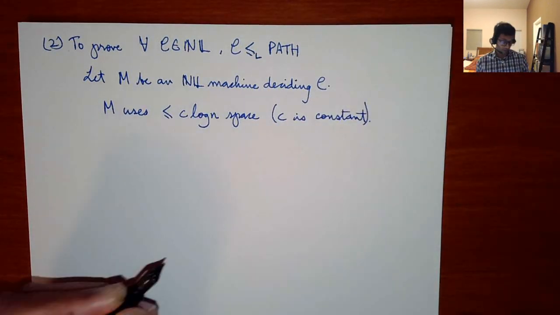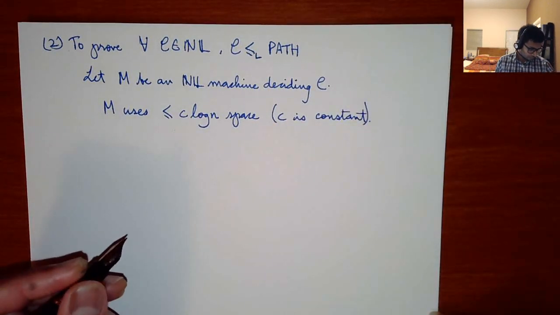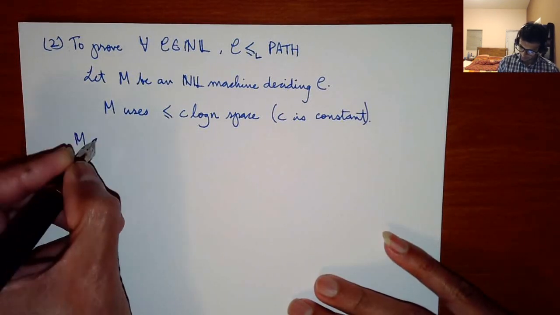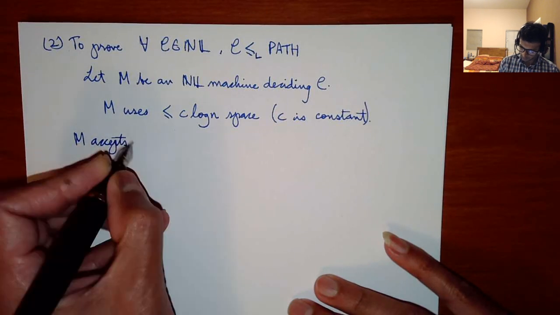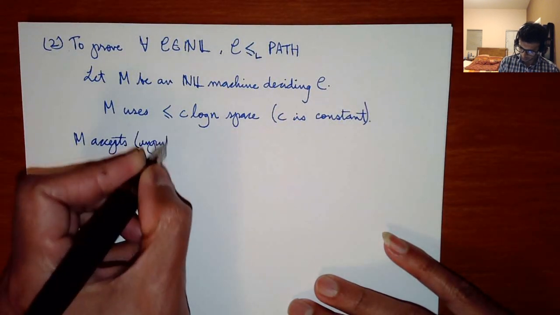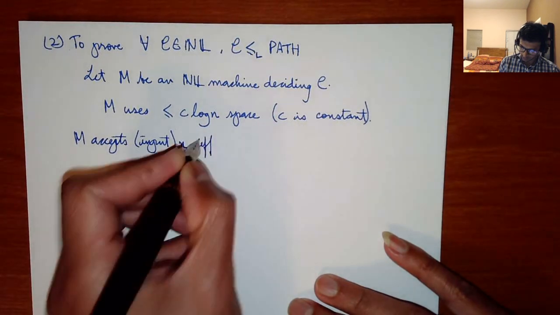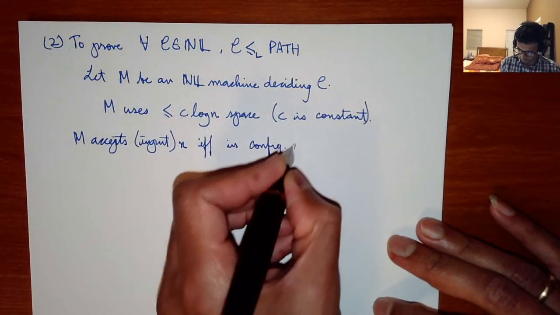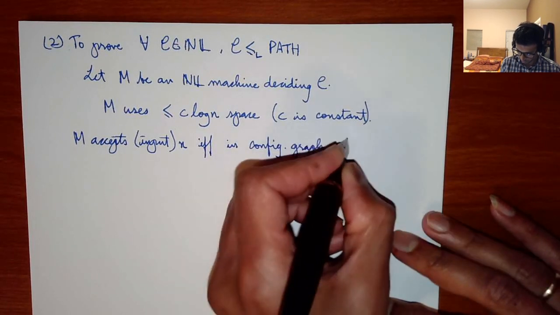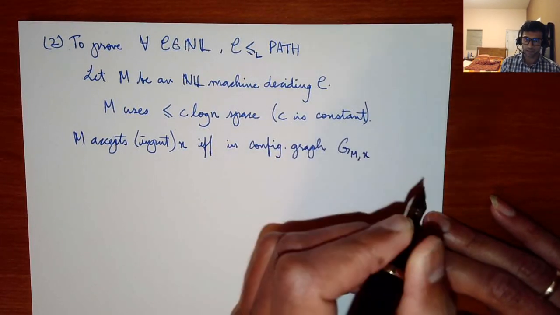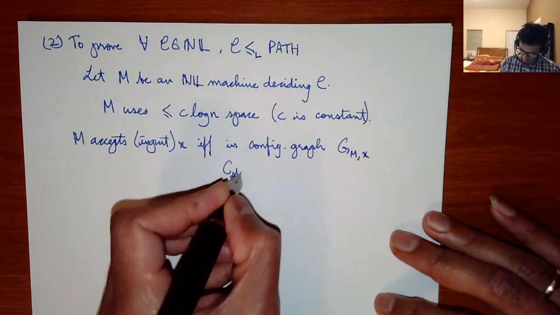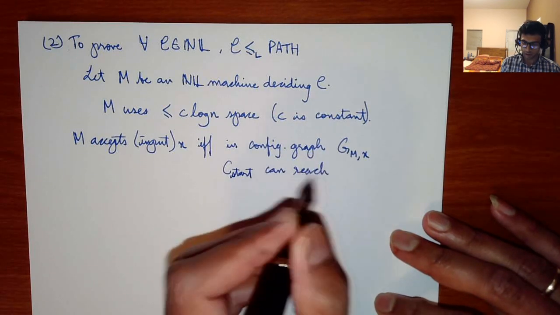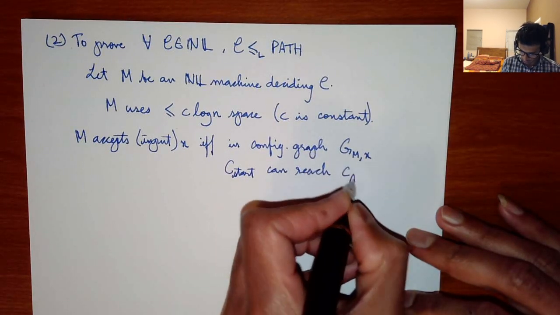As we discussed, M accepts some input x if and only if in the configuration graph G of M,x, C start can reach C accept.